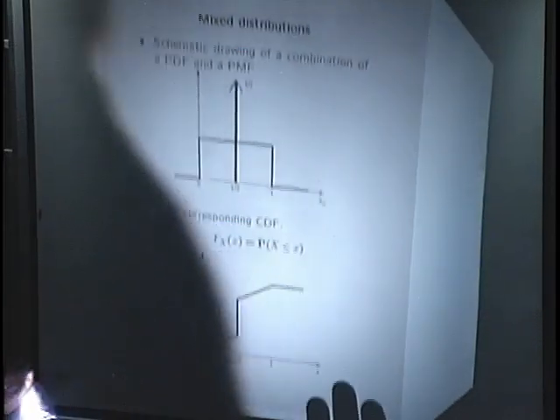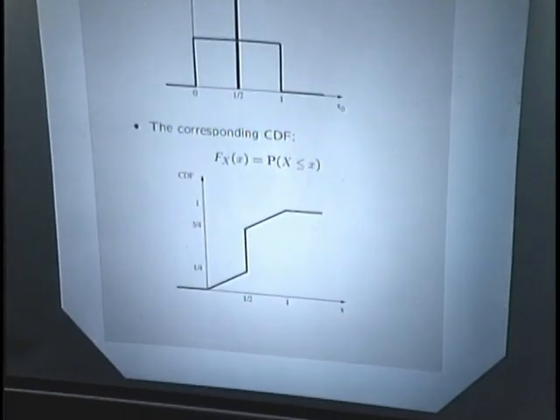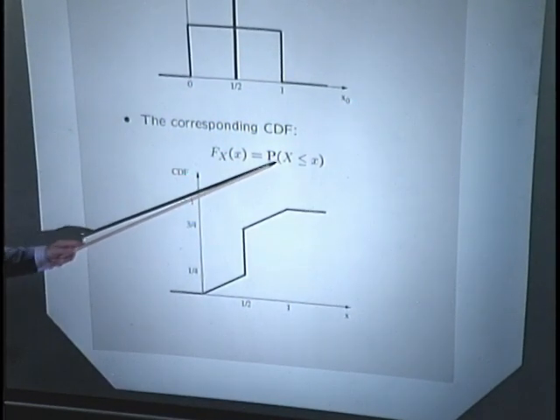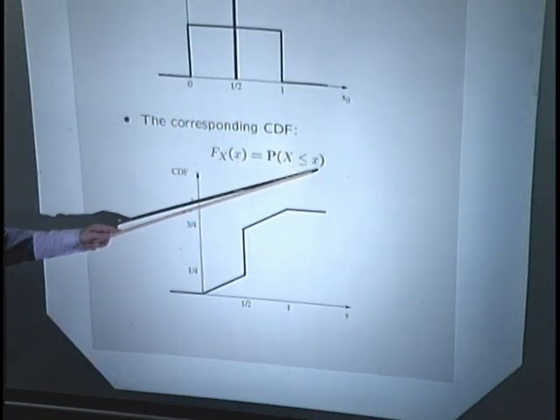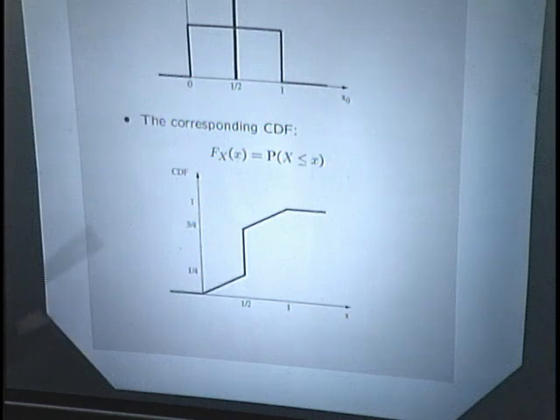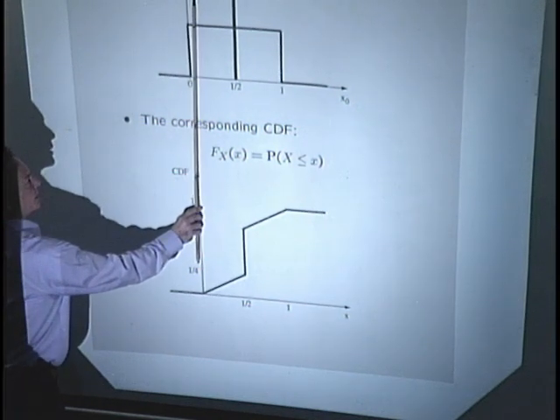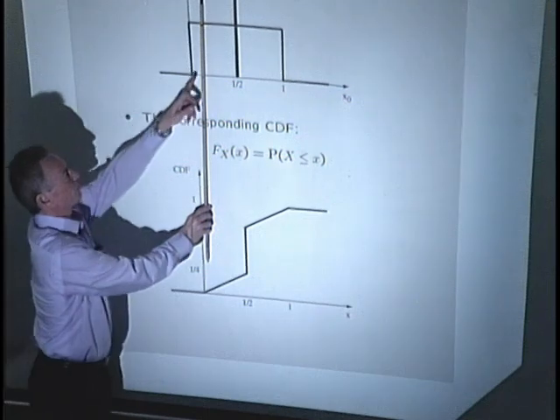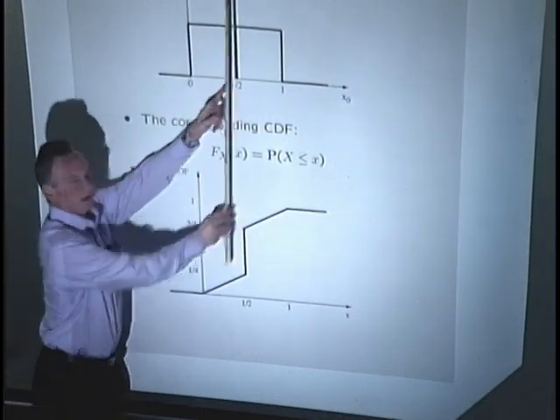So now, what would the CDF look like in this case? The CDF is always well-defined, no matter what kind of random variable you have. So the fact that it's not continuous, is not discrete, shouldn't be a problem as long as we can calculate probabilities of this kind. So the probability of falling to the left of here is 0. Once I start crossing there, the probability of falling to the left of a point increases linearly with how far I have gone.